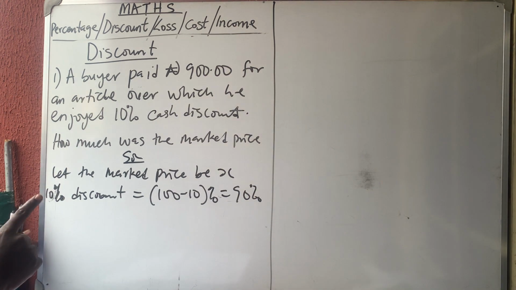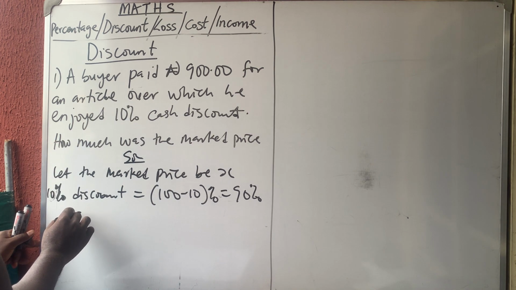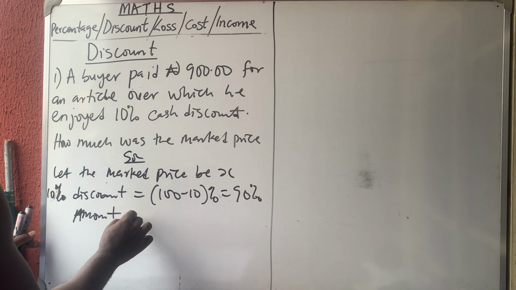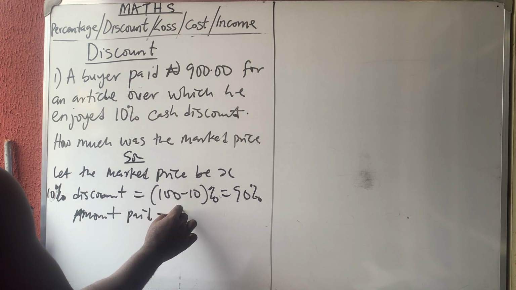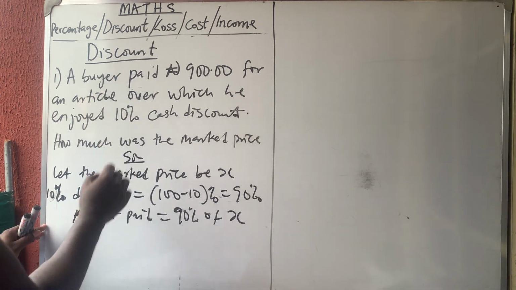So he paid 90% of the marked price. So therefore, the amount paid is 90% of the marked price x.